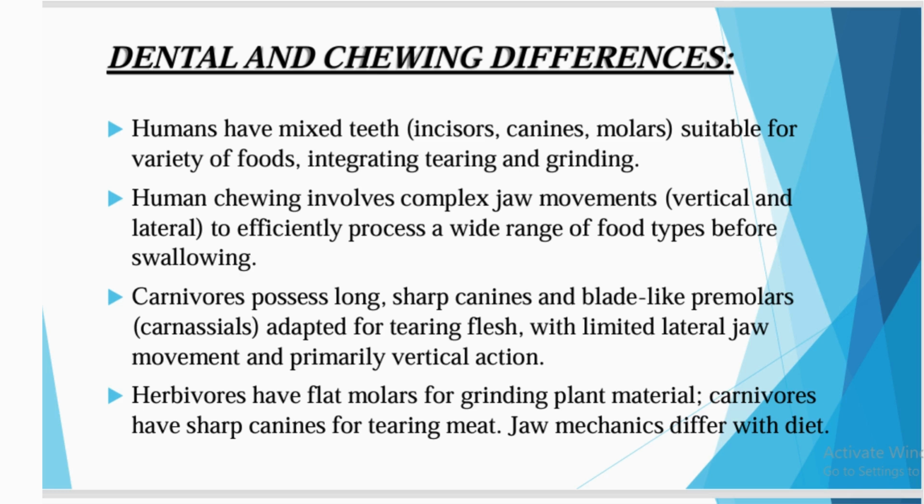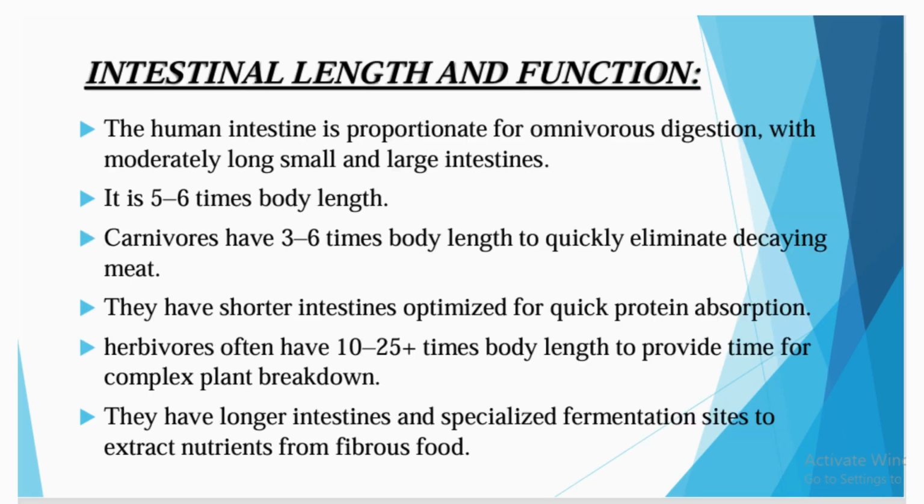Carnivores possess long, sharp canines and blade-like premolars, adapted for tearing flesh with limited lateral jaw movement and primarily vertical action. Herbivores have flat molars for grinding plant materials, while carnivores have sharp canines for tearing meat. Jaw mechanics differ with the diets.